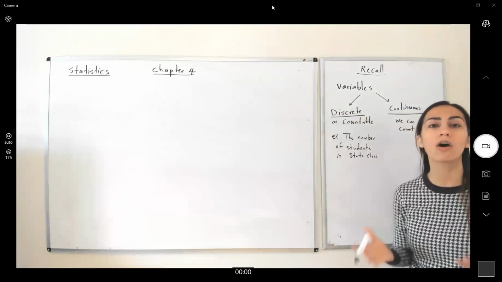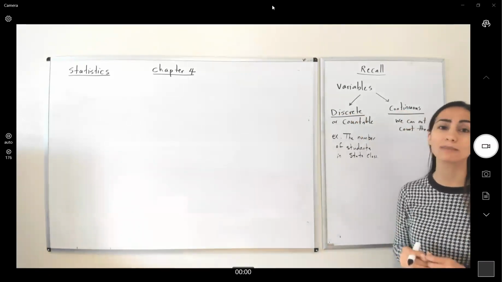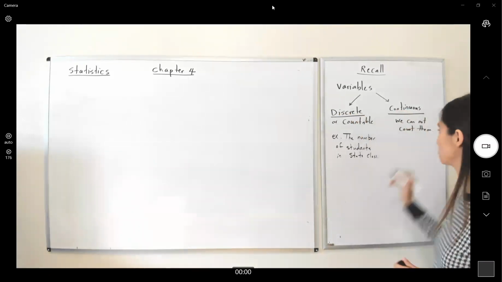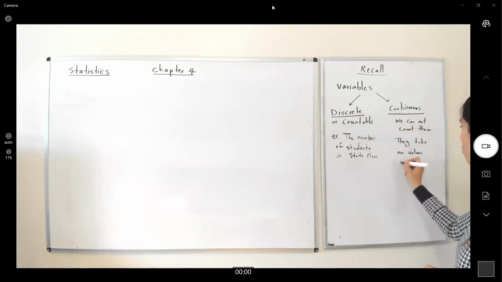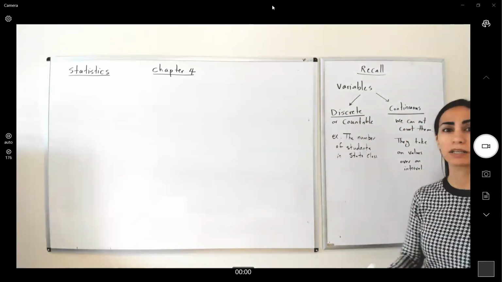There are a lot of them. It's impossible to count each of them. They take on values over an interval. Okay, what do I mean by that?